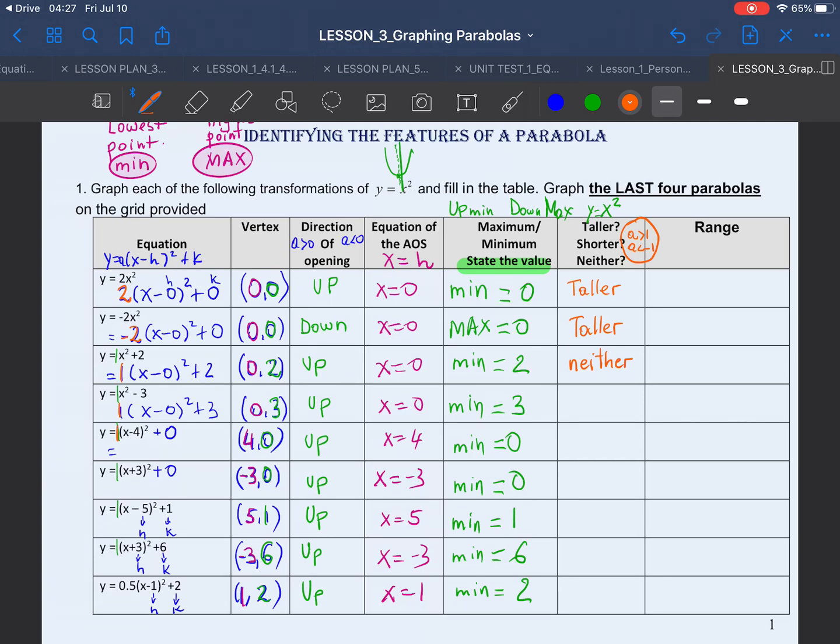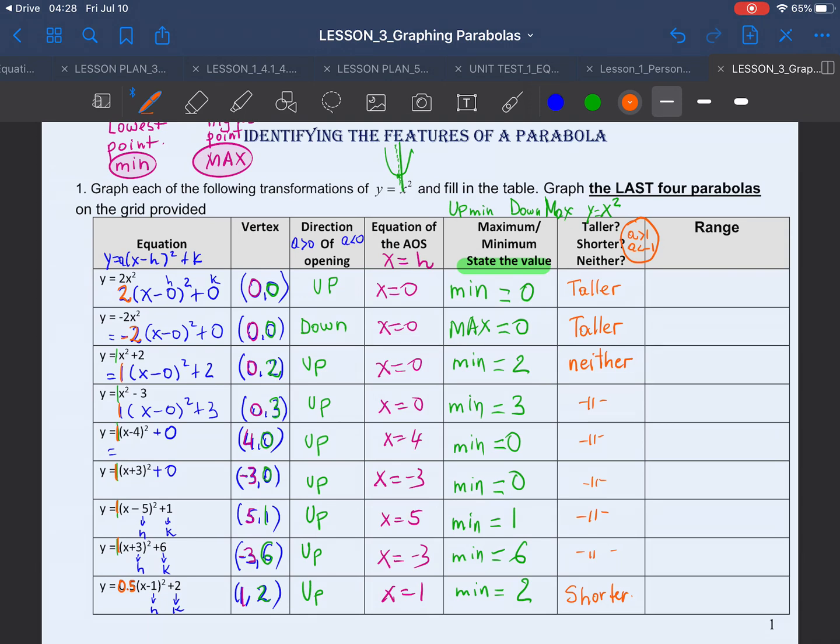So it's congruent, we say, with y equals x squared. And 1, 1, 1, 1, 1. So all these are neither. And I'm going to just write this symbol in here, which means same as above. The last one has a coefficient 0.5, which is in between -1 and 1. So we're going to say here shorter.